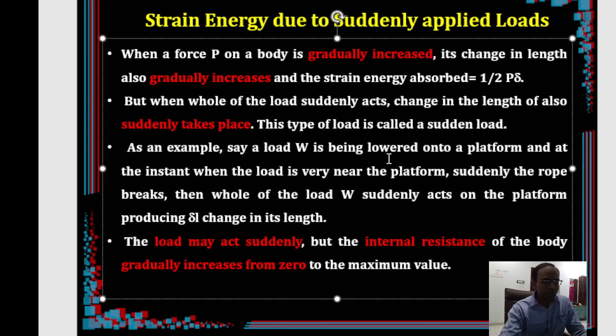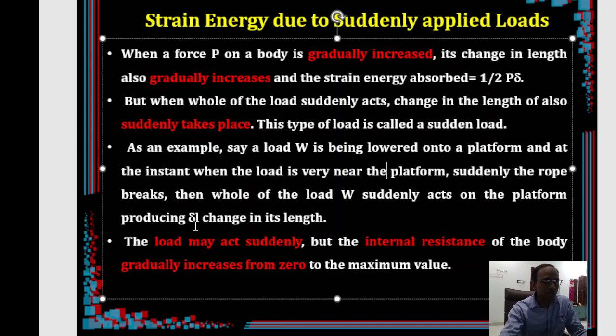For example, there was a load hanging from a height above a platform, and it came very close to the platform. Suddenly, the rope broke. Then the whole weight through which the load is hanging will suddenly drop down to the platform.